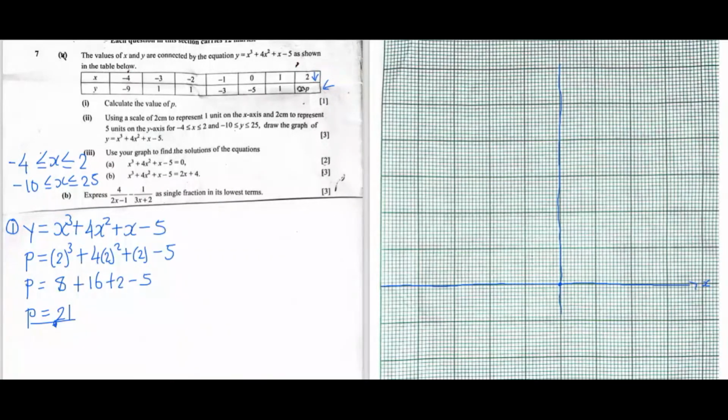Make sure when you are drawing these lines, you use a ruler. Remember, on the x-axis, 2 centimeters represent 1 unit. So every 2 centimeters, we put 1, then 2, 3. Then this is our -1, we have -2, -3, -4. So with the x-axis, we are covered.